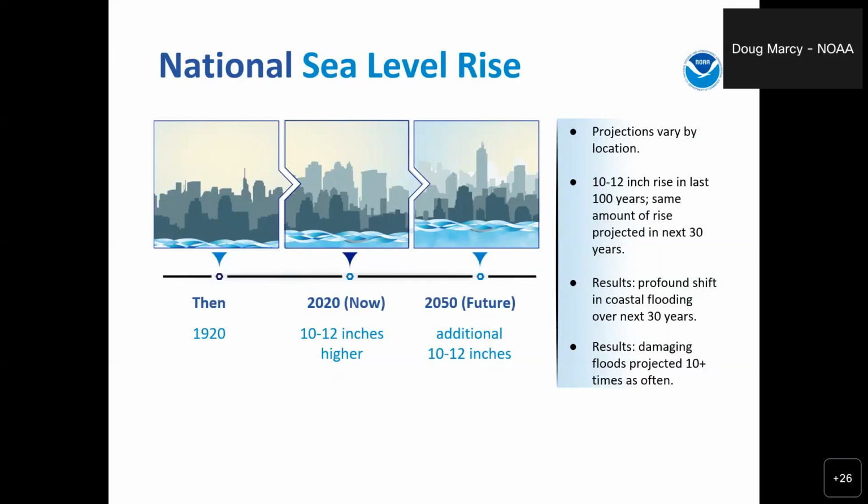Folks in Denmark have been looking at the Greenland ice sheet, and we're poised to see almost another foot of sea level rise again by 2050, which is what the Sea Level Rise Tech Report talks about. So we're going to see a profound shift in coastal flooding over the next 30 years, and that's going to result in even more damages, possibly 10 times more often damaging floods than we have seen in the past. Next.